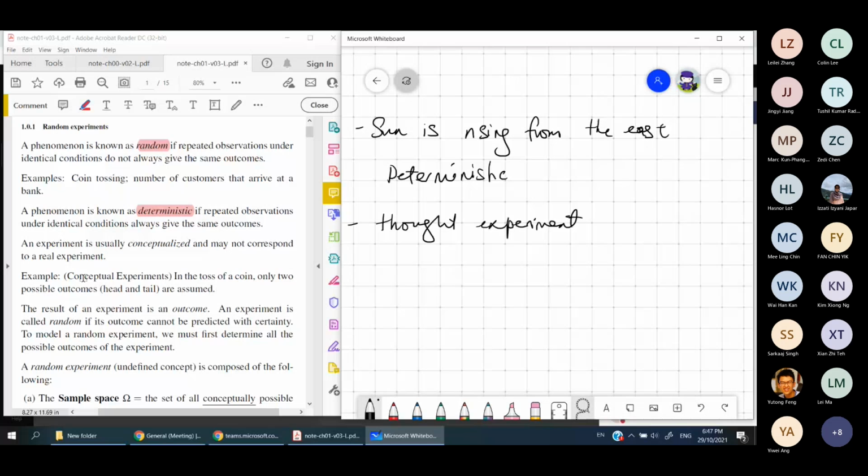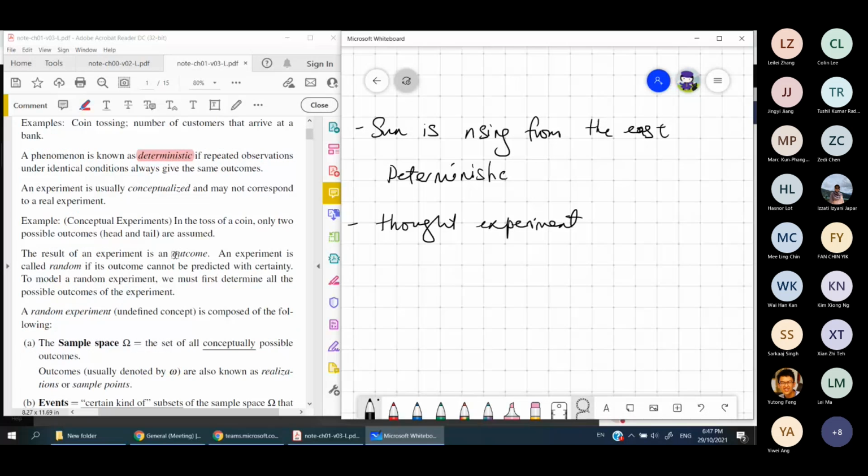Next will be this term, outcome. An outcome is the result of an experiment. Maybe this one is important, so I think I should write it down. I suppose you understand the meaning of a random experiment: a process that we can repeat, and we set all the conditions.